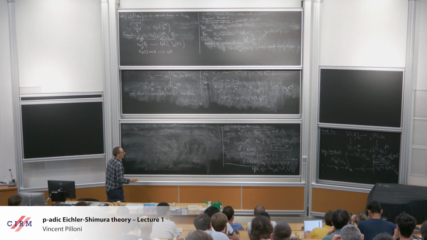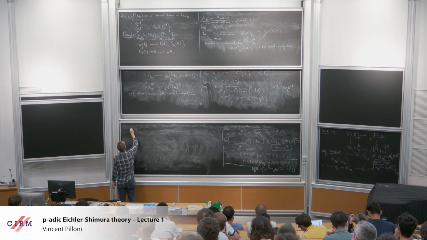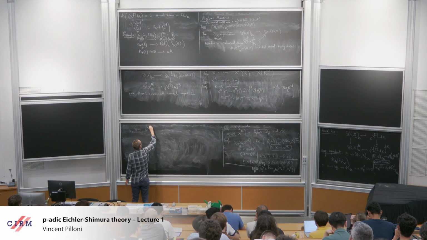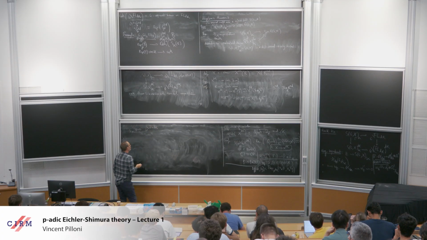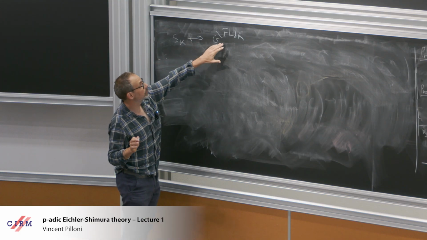Let me say that all these ingredients are surely familiar to you. So the first thing is that we want to construct this map SK to G modulo FL de Rham. By definition, what does this map amount to?